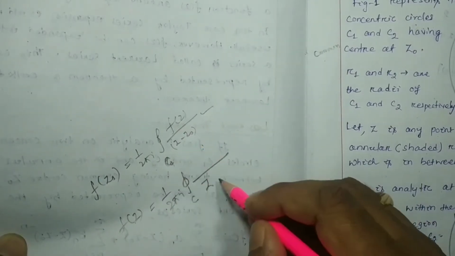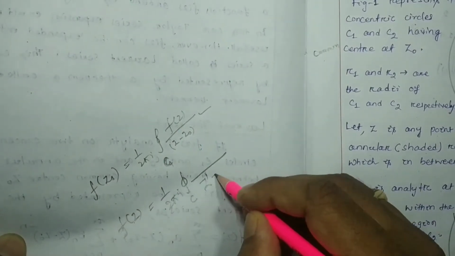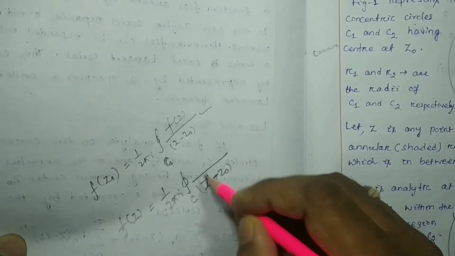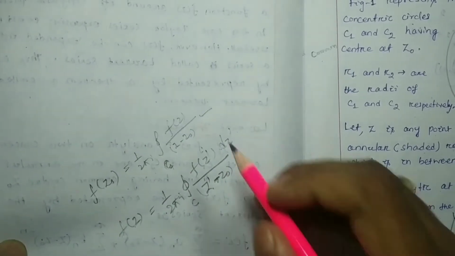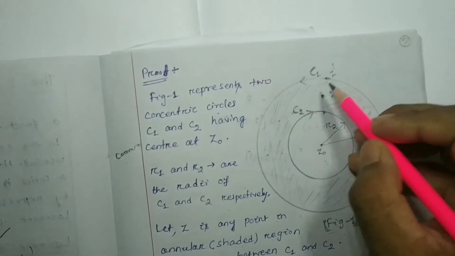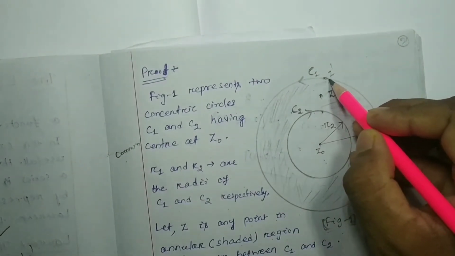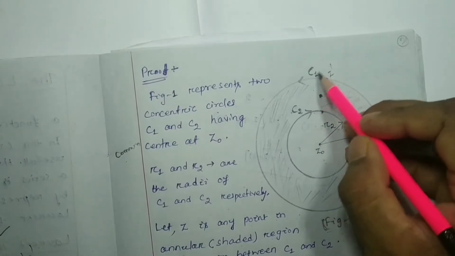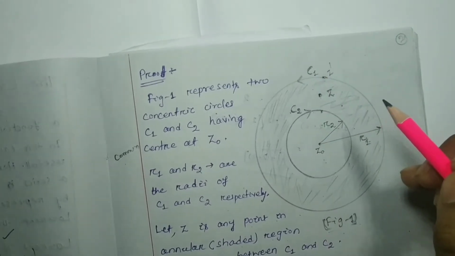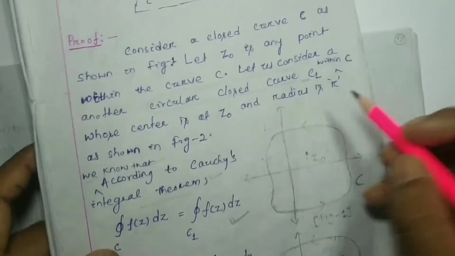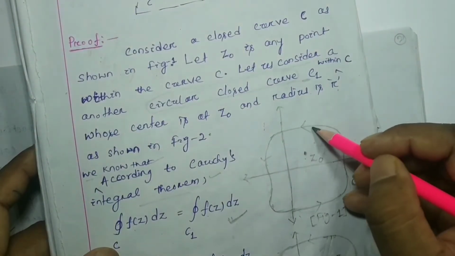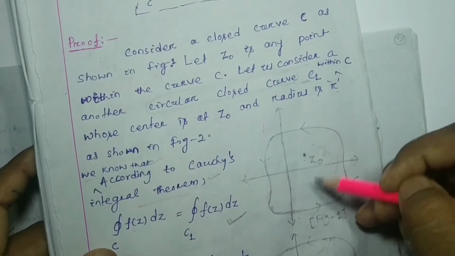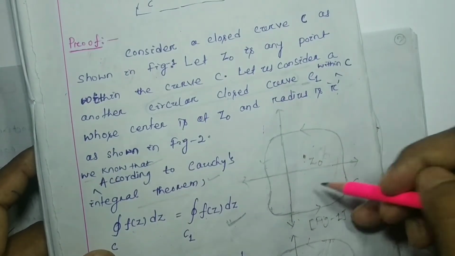Instead of z minus z0, I have to write z' minus z0, and this will be f(z') dz', because z' is the point we considered on the surface of C1, and z is any point on or inside this curve.